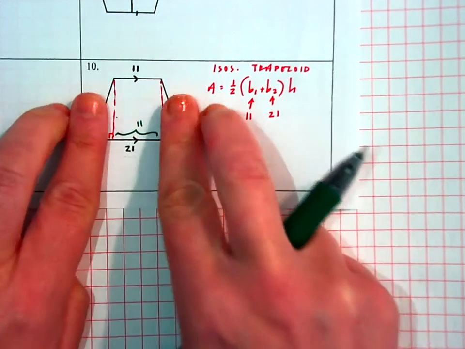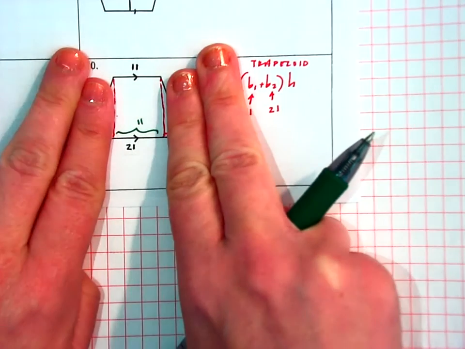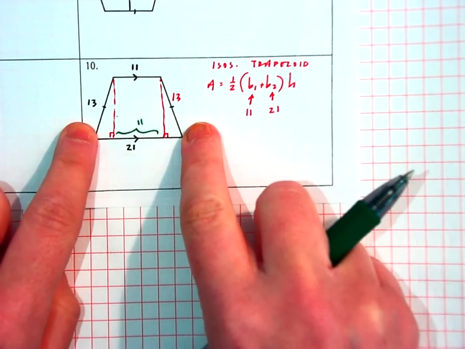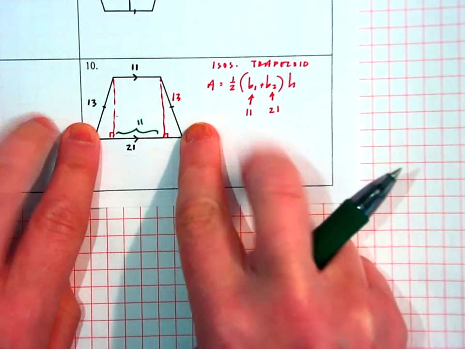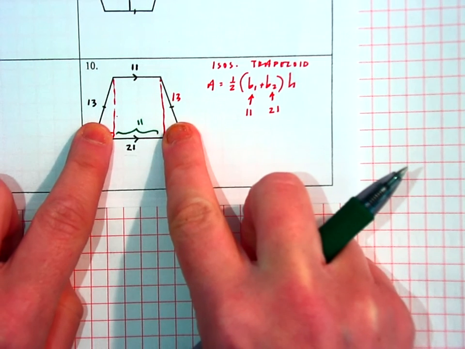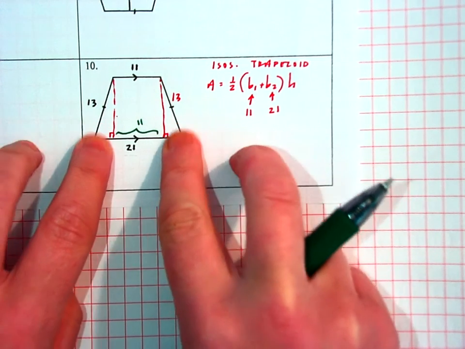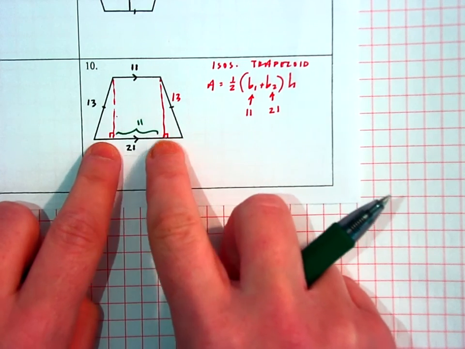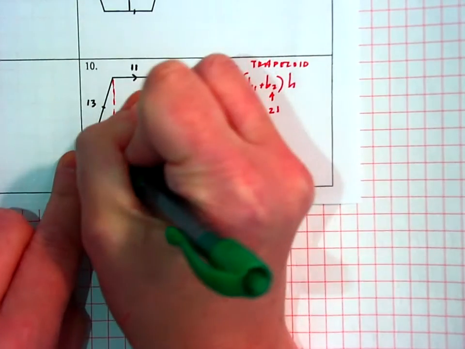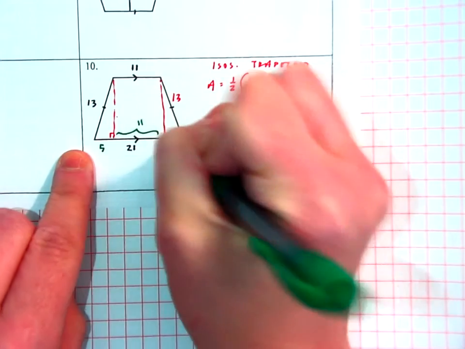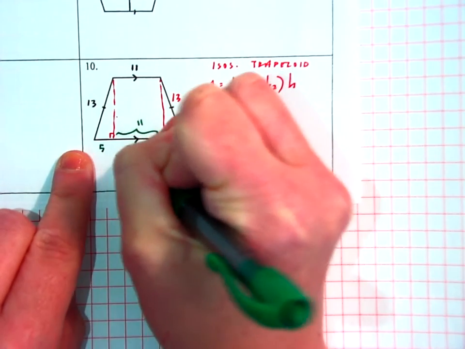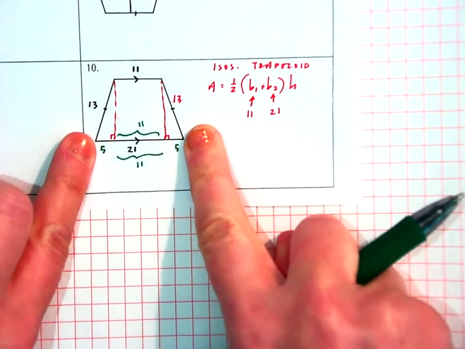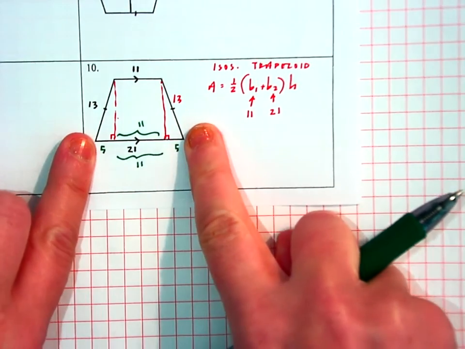So if this part right now is 11, and this wider part from here to here is 21, what's the difference between 21 and 11? 10 units. Since I have 10 units that has to be split evenly here and here, I must have a 5 here and a 5 here. So again, this whole part was 11, and from here to here, that whole span is still 21.